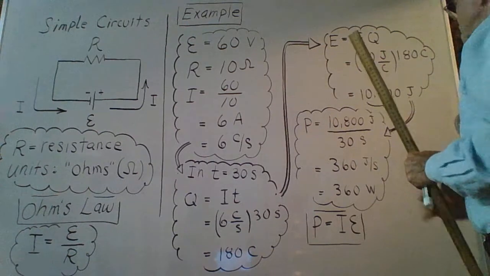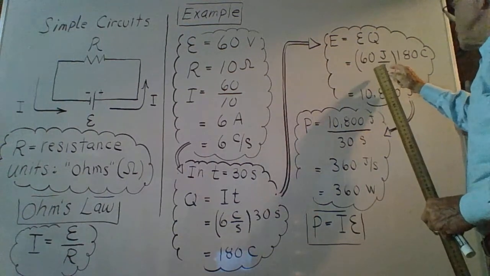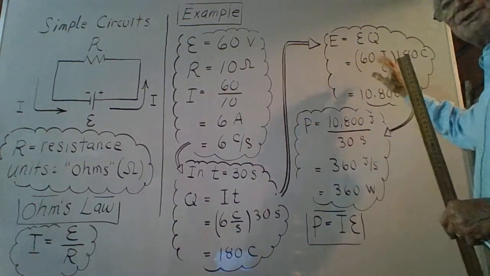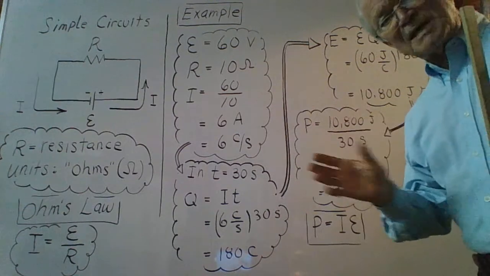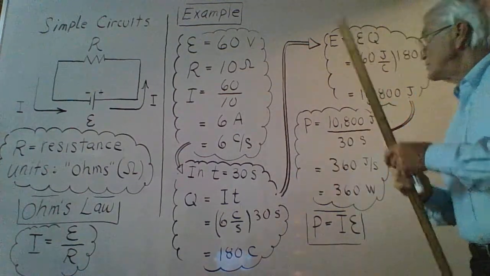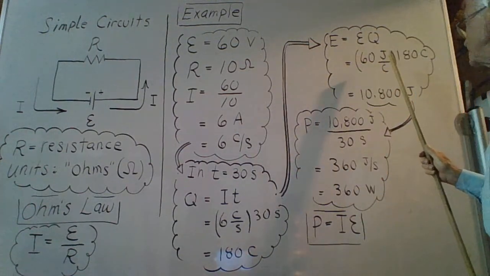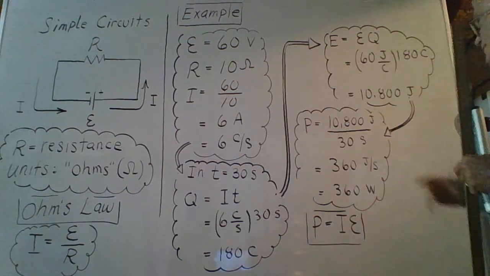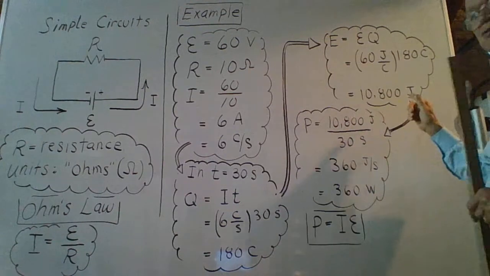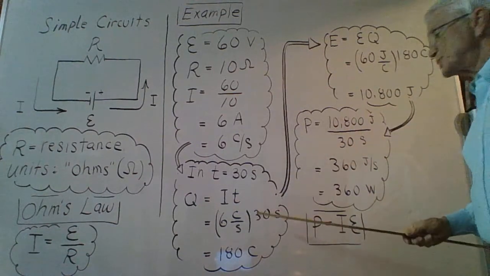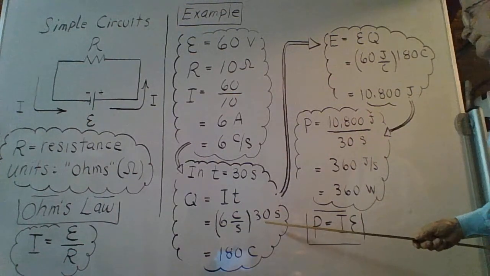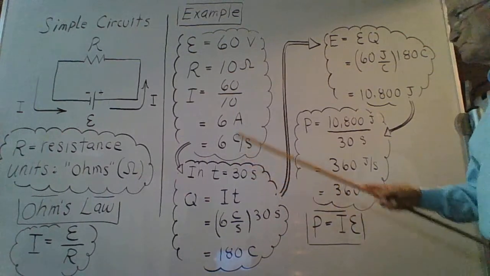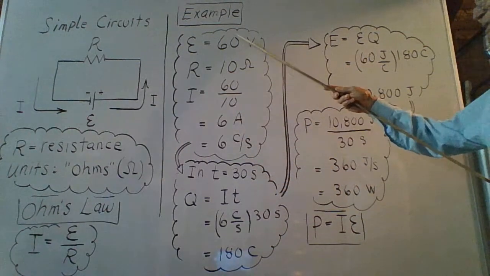It means that for each coulomb of charge that leaves the battery, 60 joules of energy is consumed to make that happen. Well, we have 60 joules per coulomb, and we have 180 coulombs multiplied. This is how much energy was consumed during 30 seconds of operation of the battery of the circuit described here.